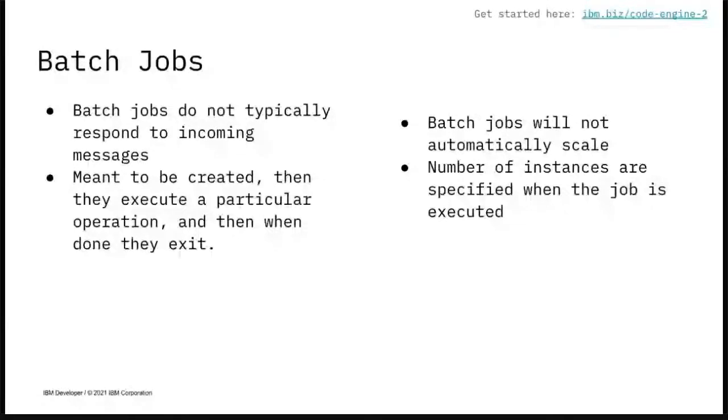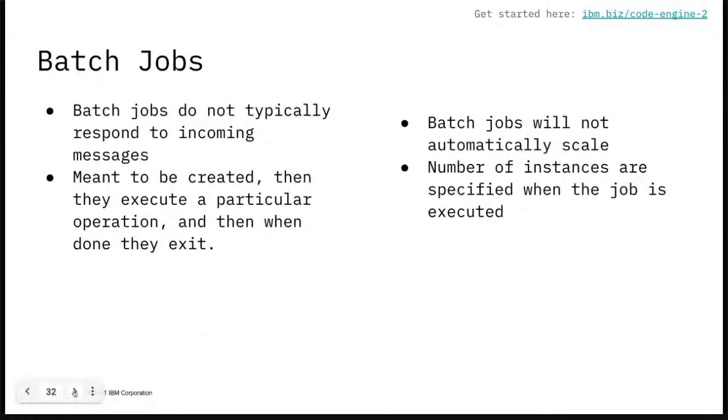Rather, the number of instances are specified when the job is executed. So we indicate the number of instances that we want before we run our batch job. Aside from not receiving inbound traffic, which is the mechanism by which they scale, batch jobs are similar to applications in just about every other aspect.